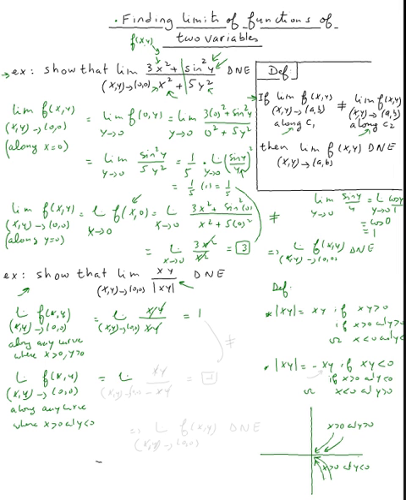This is going to be equal to the limit of the absolute value of xy, which will be equal to minus xy, because x is positive and y is negative, over xy as x,y approaches 0,0. Now I can simplify these and I'm going to get a negative 1. So these limits are not equal, therefore I can say the limit of f of x,y as x,y approaches 0,0 does not exist. And that's it for this example.